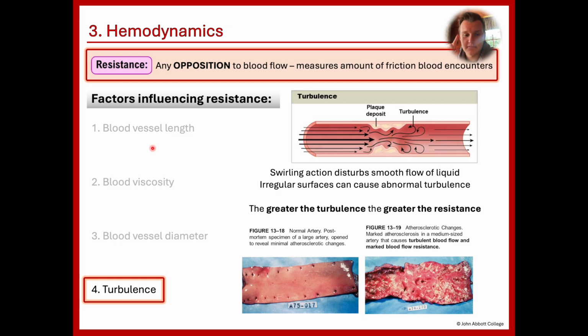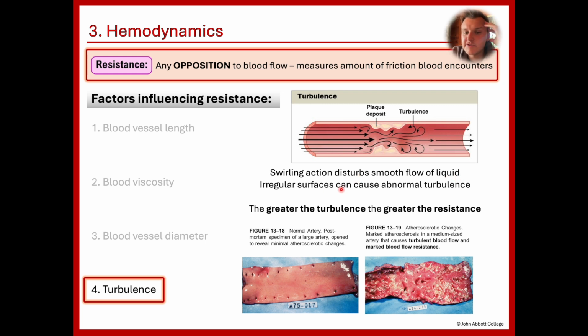Now, last thing, so we talked about this very important blood vessel diameter that can affect resistance, right? Smaller meant more resistance. Now we'll talk about turbulence. What is turbulence? It's the swirling action that disrupts smooth flow of a liquid.